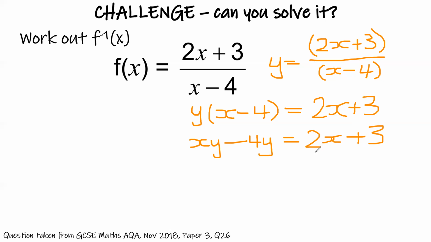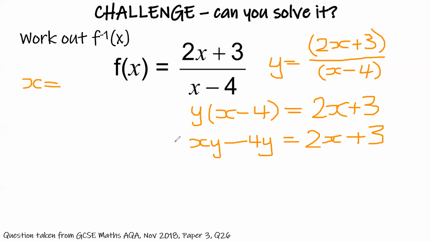That's fine. The method that I use for this is to put everything on one side, set the whole thing equal to 0, and then start looking at what common factors you've got, without forgetting that what we're trying to do is rearrange this equation so that we end up with x equals, because that's how we do the inverse of f of x. So what we're looking for is x equals something.